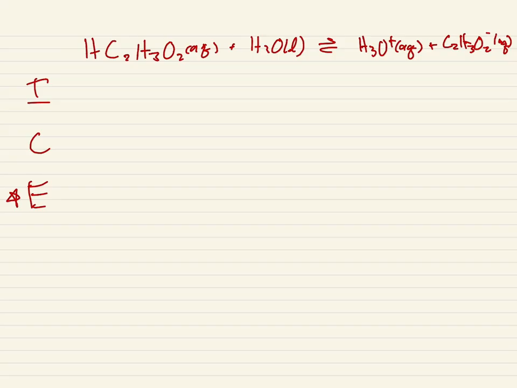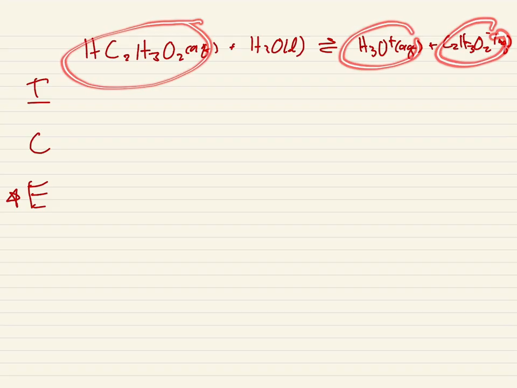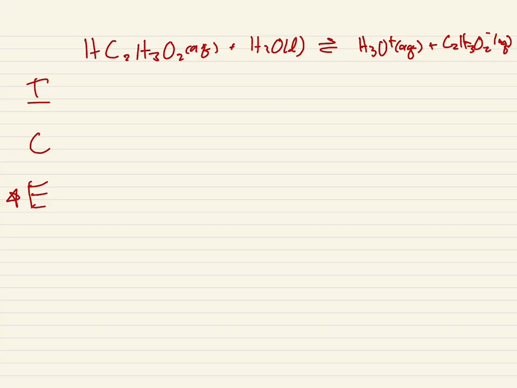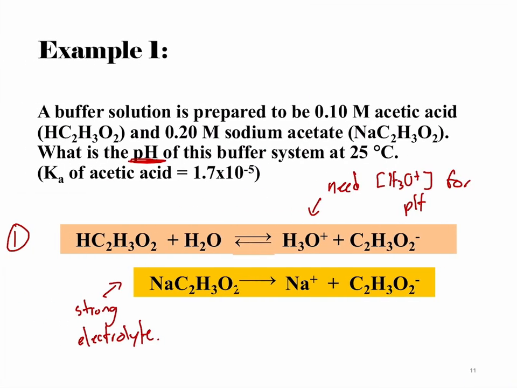And once you have all of your equilibrium concentrations, what relationship do you use to solve for concentrations at that point? So we'll come back to that. We'll fill in the ICE table first, right?